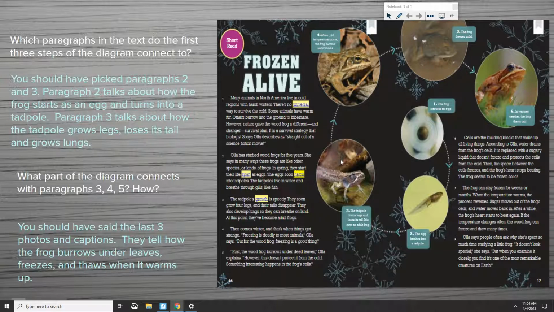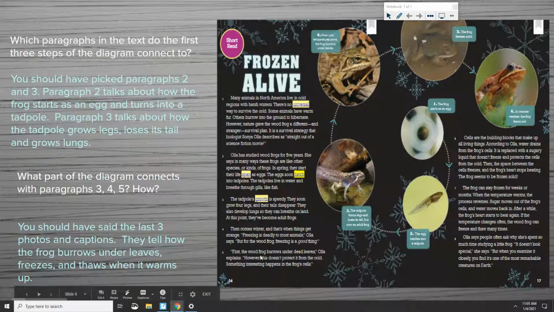So then what part of the diagram connects to paragraphs 3, 4, and 5? So 3 is the tail. We already said that it's paragraph 3. 4 is when the frog burrows in the leaves. 5 is when they freeze. So we've got they're adults, they burrow, and they freeze. So that is all happening right here in paragraph 5.